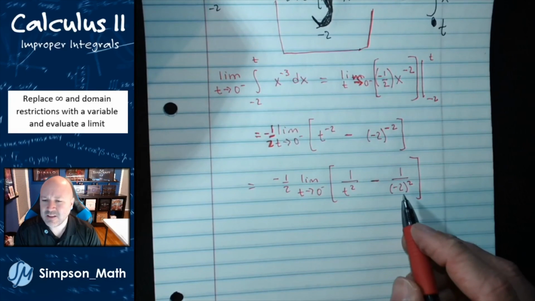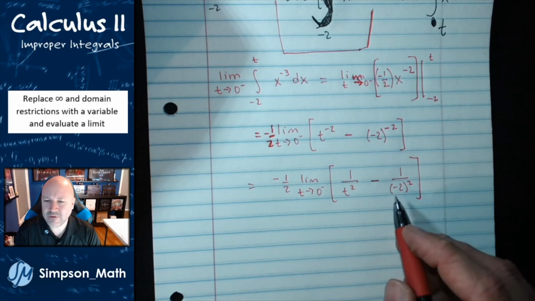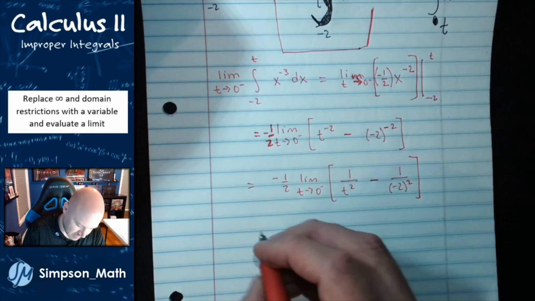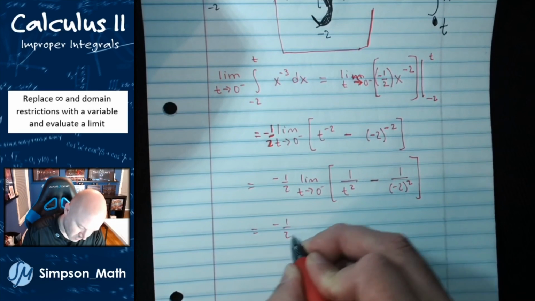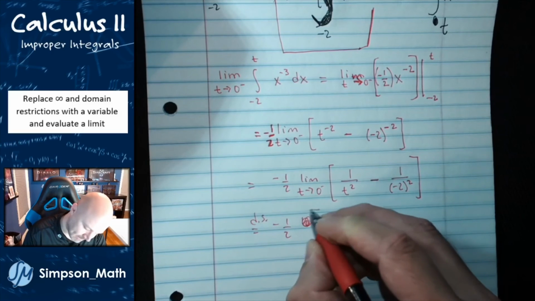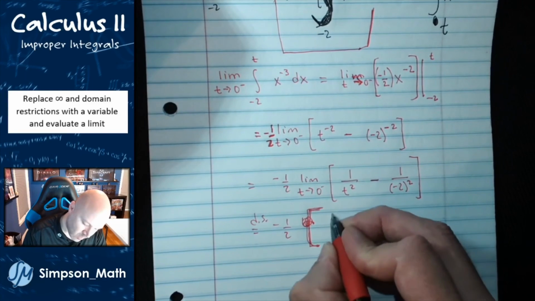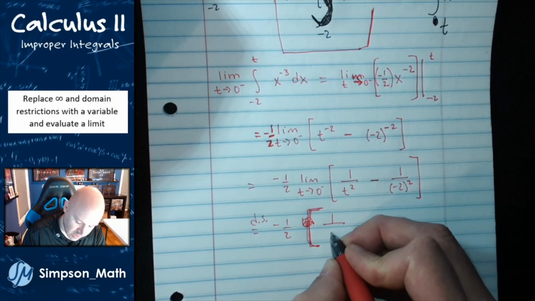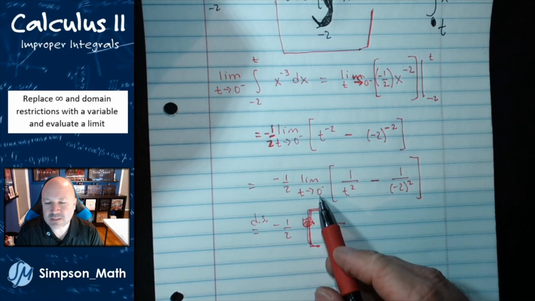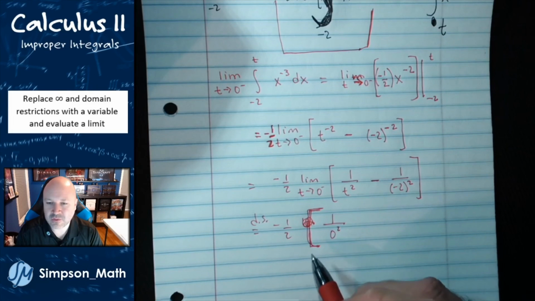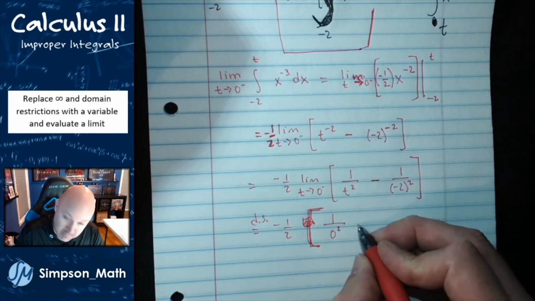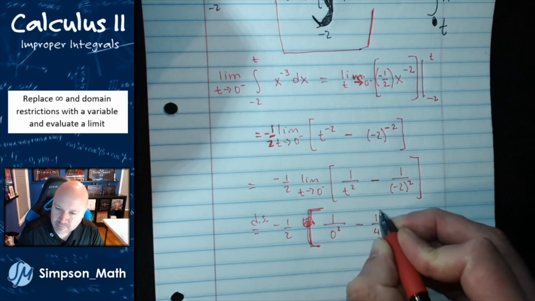Something like that. This is going to be a 1/4. If I plug in a 0 there, what does that mean? Evaluating my limit. 1 over 0 squared, where 0 is actually the smallest negative number you can think of, closest to this, minus 1/4.